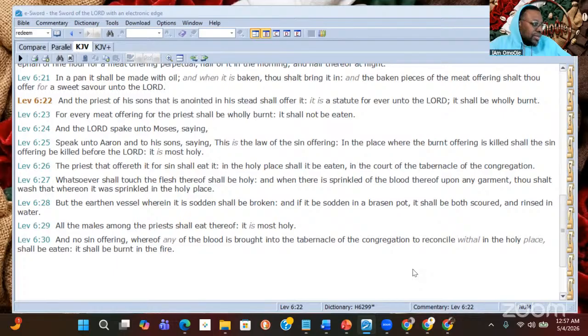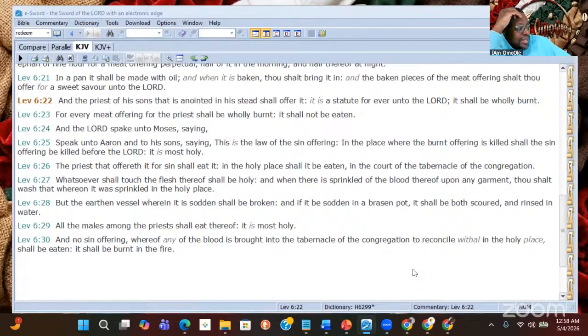And when there is sprinkled of the blood thereof upon any garment, thou shalt wash that whereon it was sprinkled in the holy place. But the earthen vessel wherein it is sodden shall be broken.